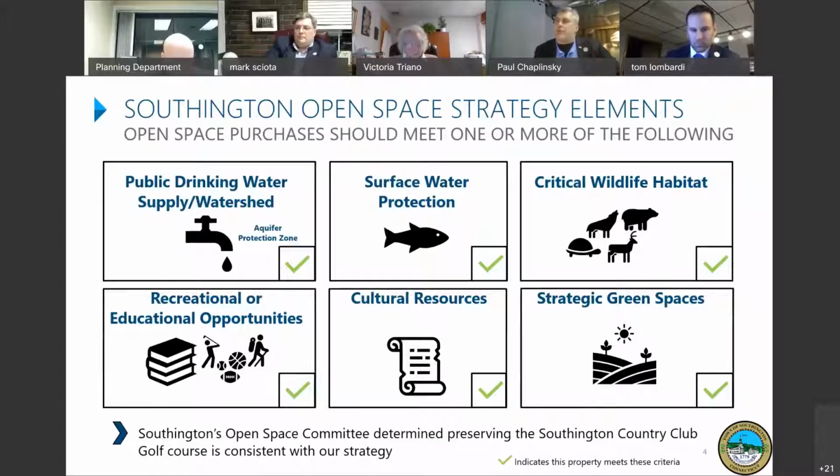I'm going to go through three slides to talk a little bit about how the Open Space Subcommittee follows the Plan of Conservation and Development and identifies and vets opportunities for the community. Each time we get an opportunity, we look at primarily these six strategy elements that are outlined in our Plan of Conservation and Development, and we balance whether this particular parcel meets these criteria or not.